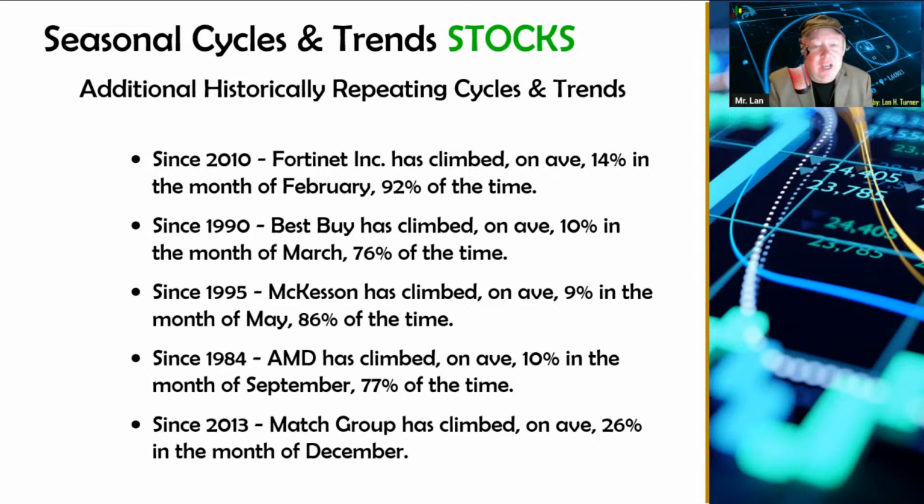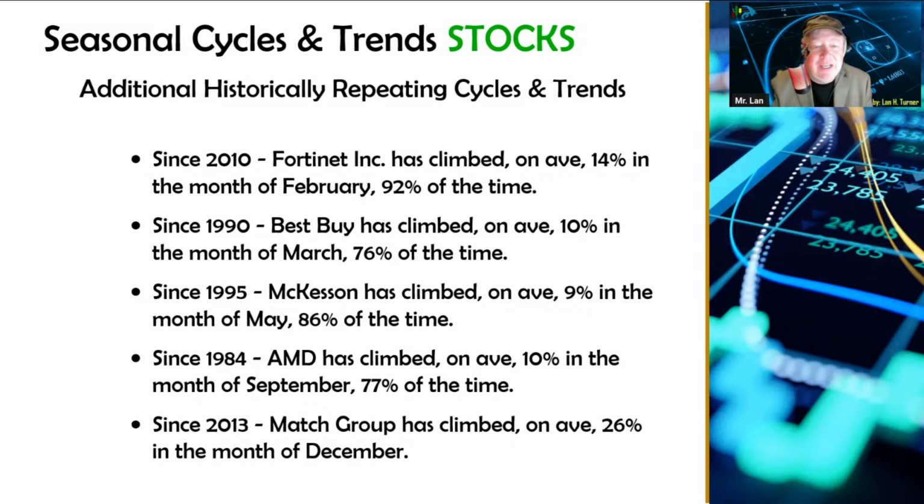Since 2010, Fortinet Inc. has climbed on average 14% in the month of February, 92% of the time. Whatever they do, I don't know. It's an unknown unknown. Since 1990, Best Buy has climbed on average 10% in the month of March, 76% of the time.